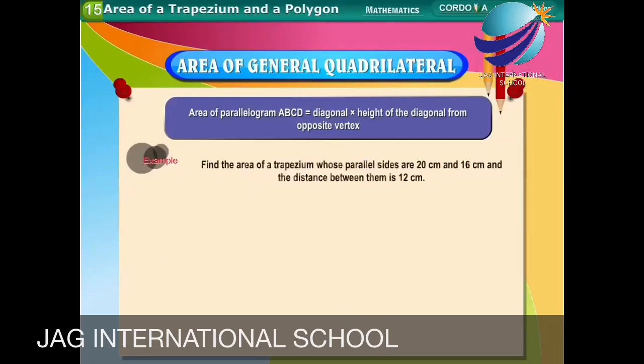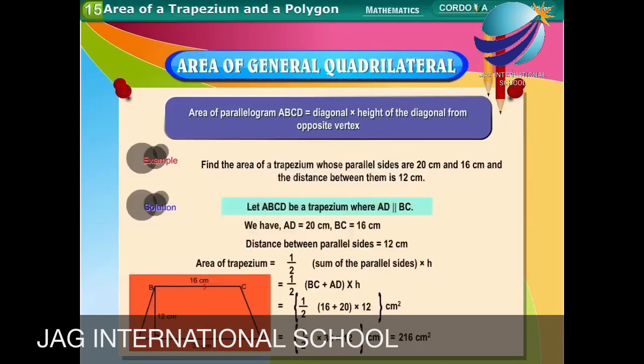Example: find the area of a trapezium whose parallel sides are 20 centimeters and 16 centimeters, and the distance between them is 12 centimeters. Solution: let ABCD be a trapezium where AD parallel to BC. We have AD equal to 20 centimeters, BC equal to 16 centimeters. Distance between parallel sides is equal to 12 centimeters.